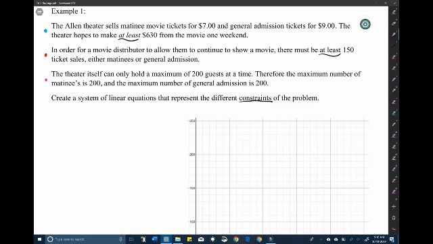So the best way to go about this is to create a system of linear equations, more like inequalities, that represent the constraints. First off, let's let our variables be our things here. We're going to let x be matinees, and we'll let y be general admission.